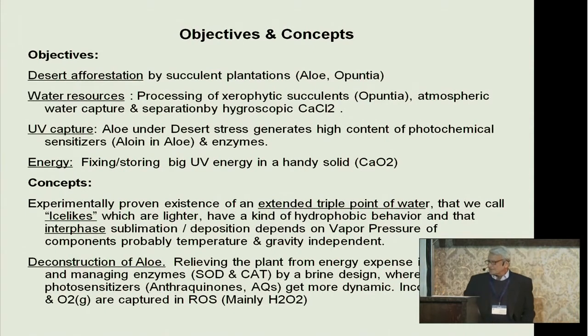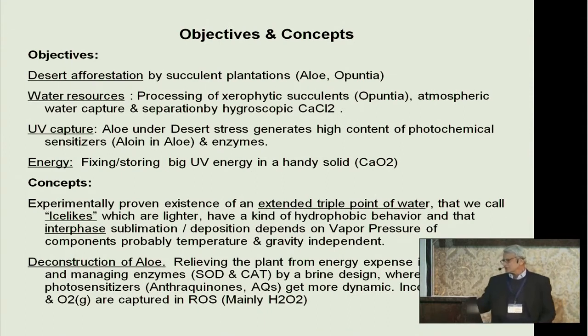Our initial objective was desert afforestation by the use of succulent plantations, which means aloe or opuntia or some other plant that captures water from the atmosphere. The need for water is only for making some small roots that then don't get displaced by the wind.